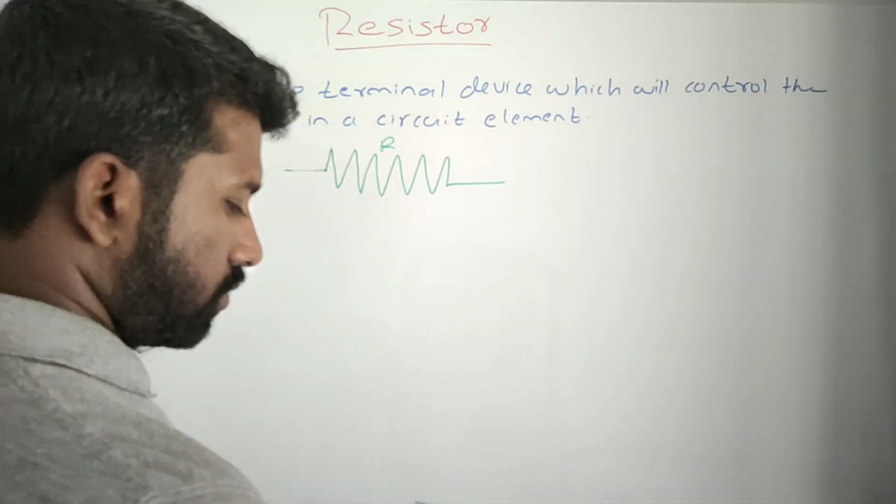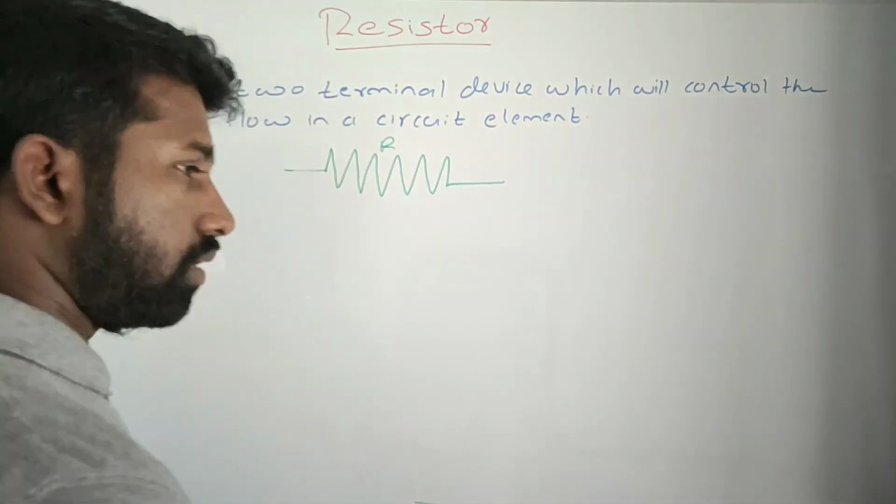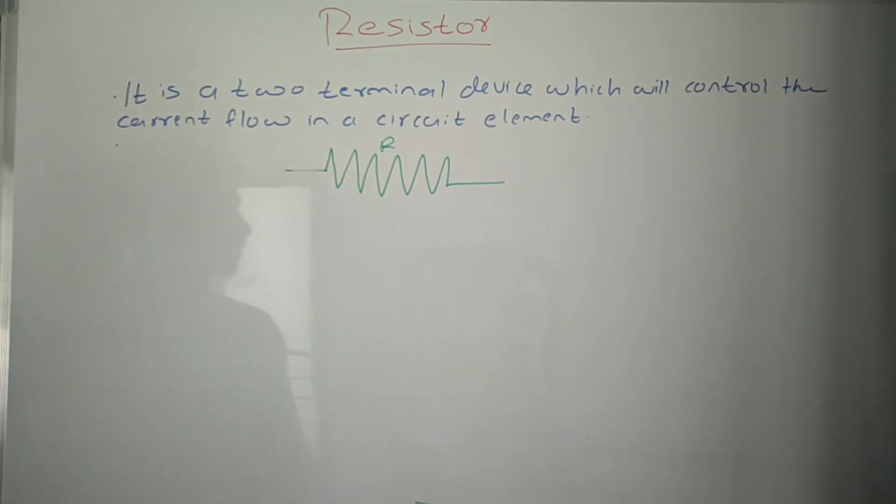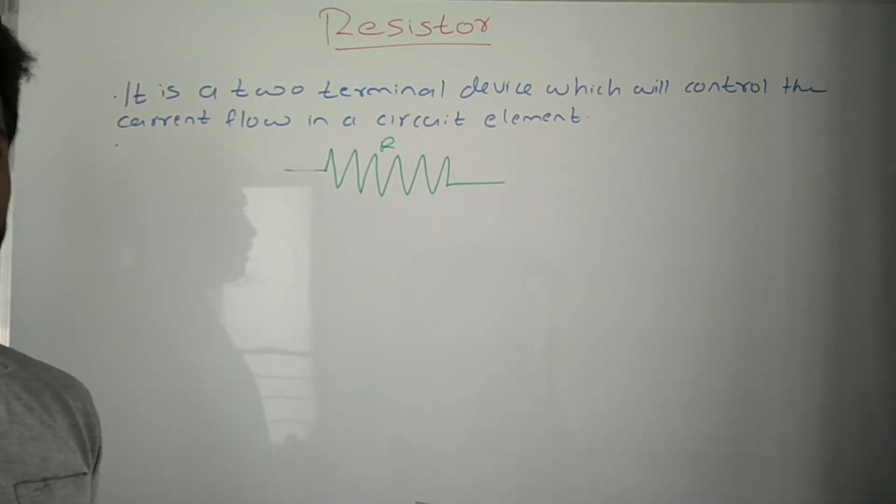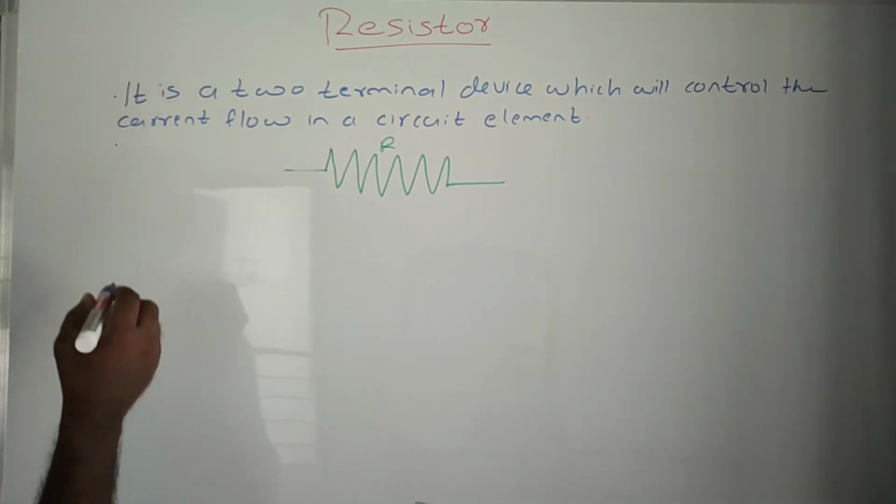So a resistor, simply, is a device which will offer resistance. What is the unit of resistance? Everybody knows, that is ohm. Clear? Then normally we use two types of resistors.